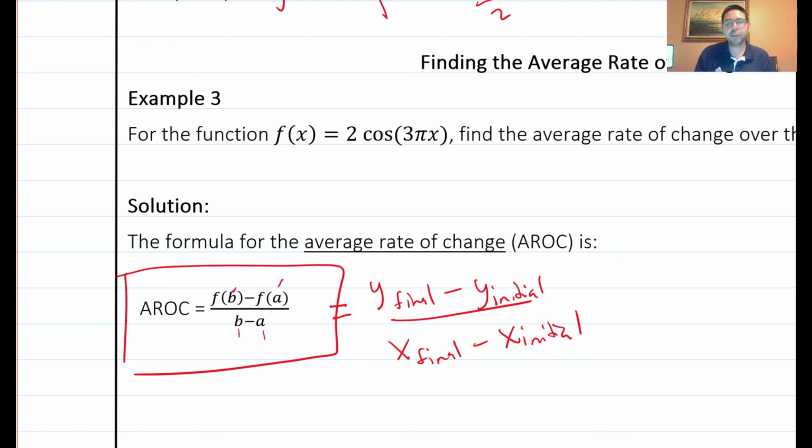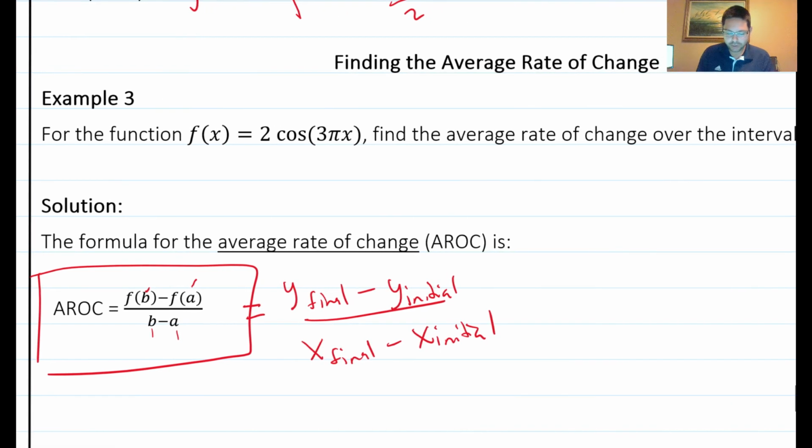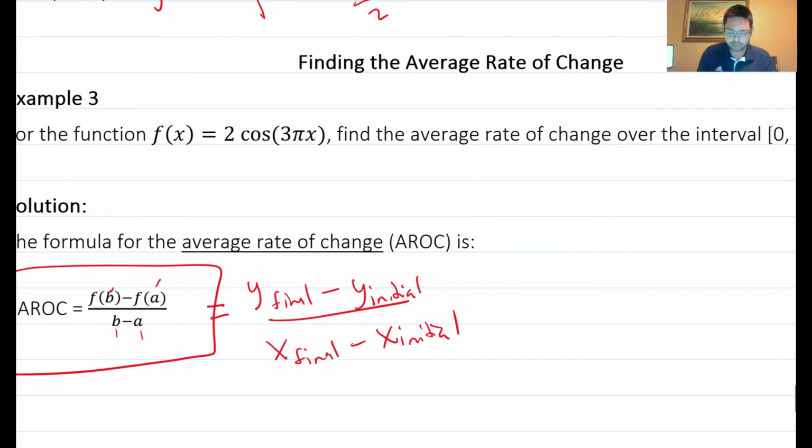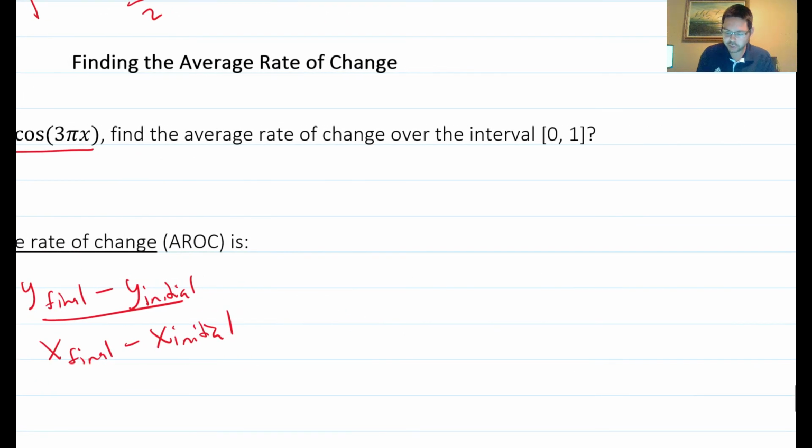So if I give you a function and I want you to calculate the average rate of change, well, you gotta figure out what the y coordinates are. So in this example, they said that the function is 2 cosine of 3 pi x. Find the average rate of change over the interval 0, 1.